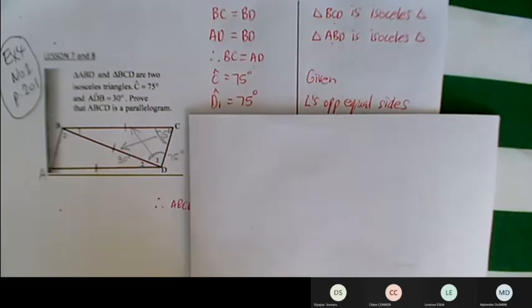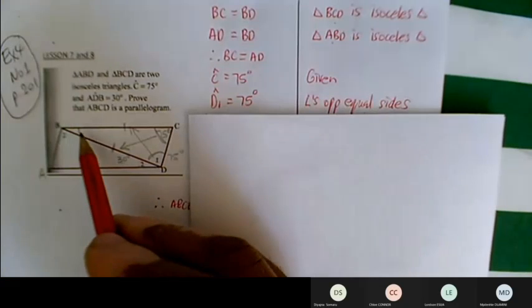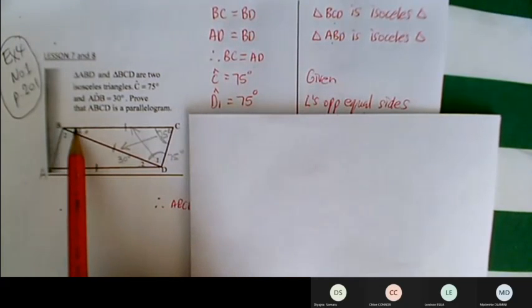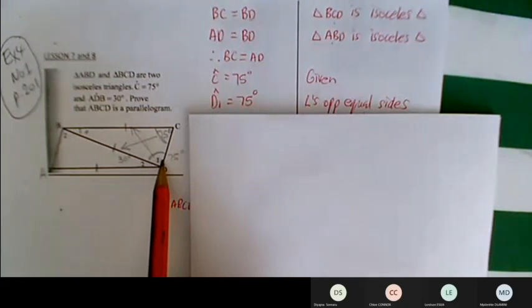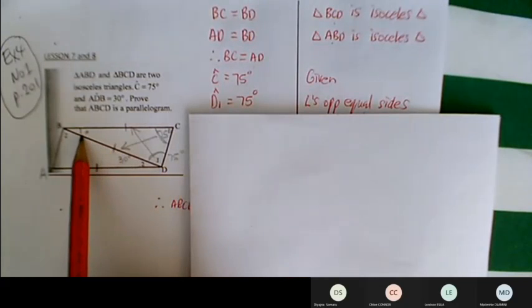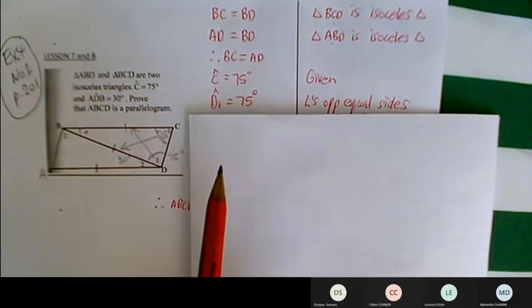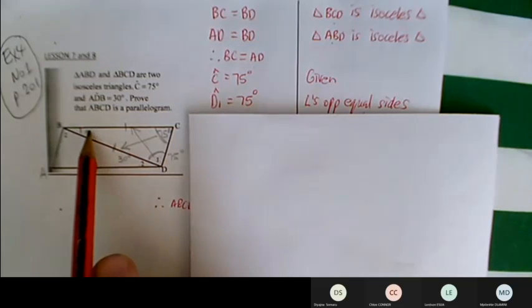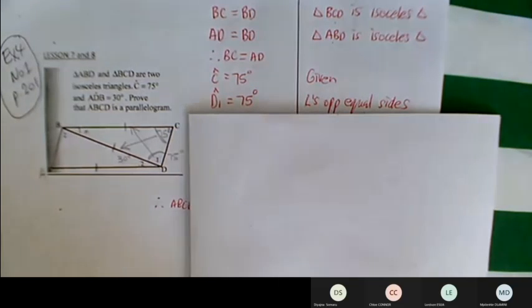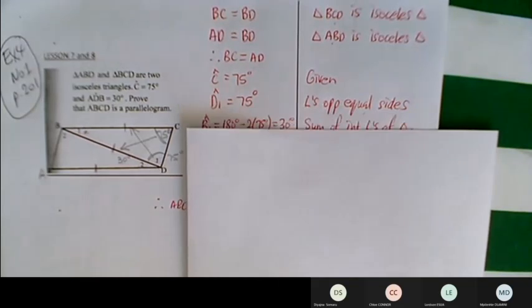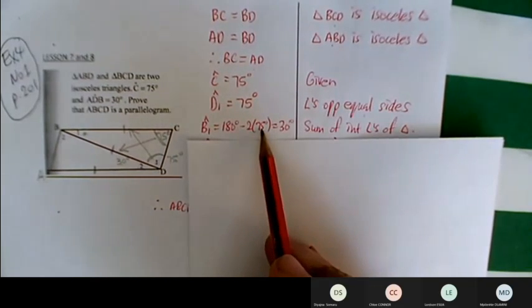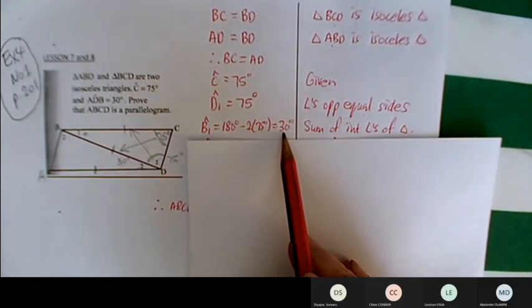Now we can find B1, you agree class? We can find B1 very easily using the interior angles of a triangle. So using interior angles of a triangle, we can say 180 subtract 75, that will give me that angle, no problem. Right, so 180 minus 2 times 75 will give us 30.